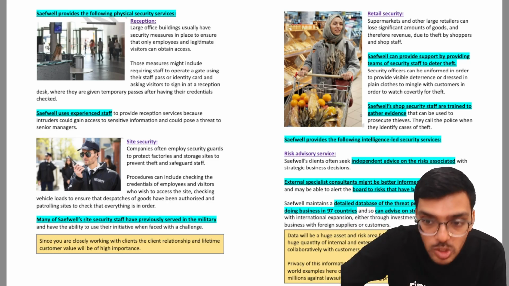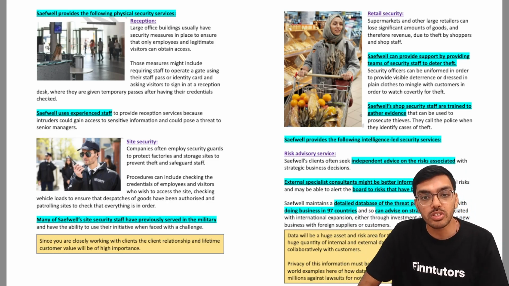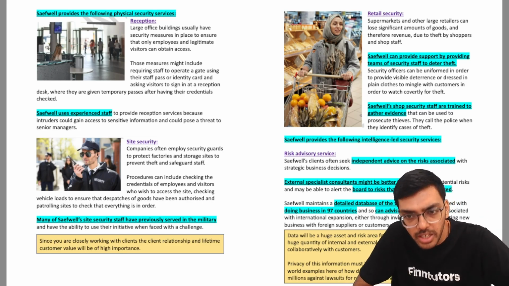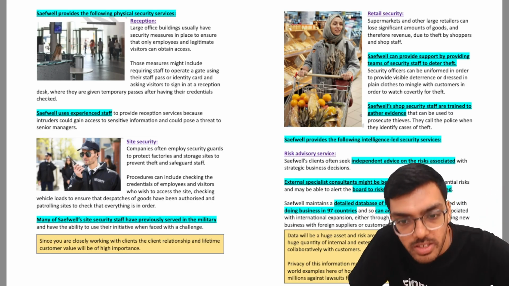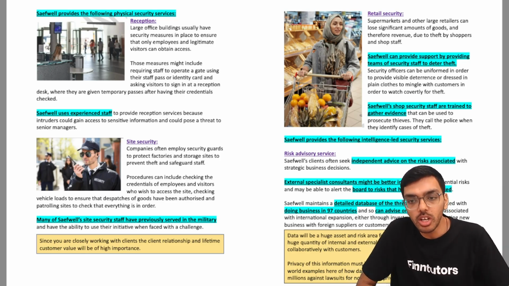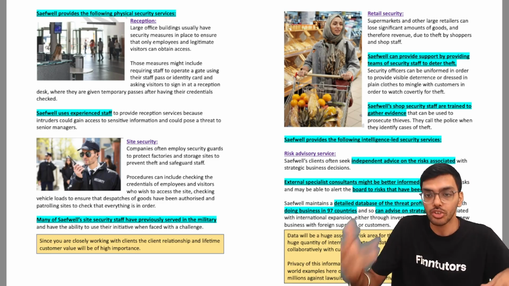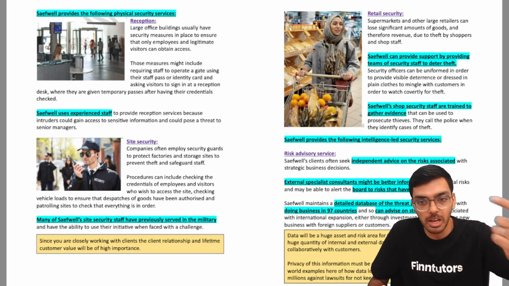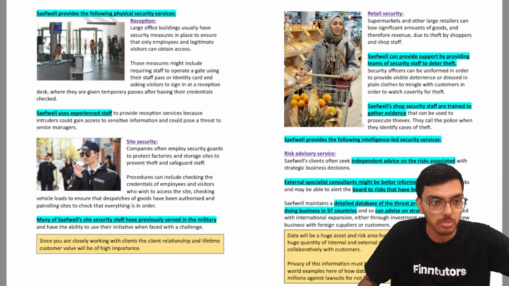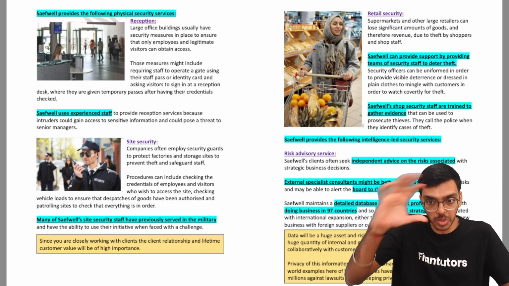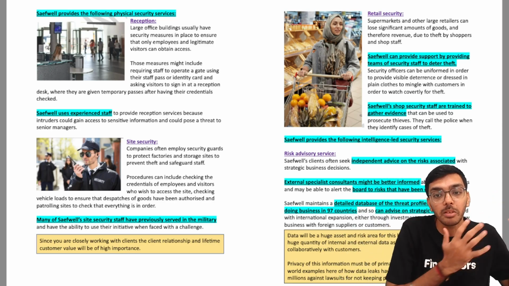So we can advise on strategic risks associated with international expansion, either through investment or by conducting new business with foreign suppliers or customers. Whatever the strategy risk may be. Strategy can be developing a new product, new market, new customer, new supplier. We are able to answer these questions with a risk analysis because of my company's profile.